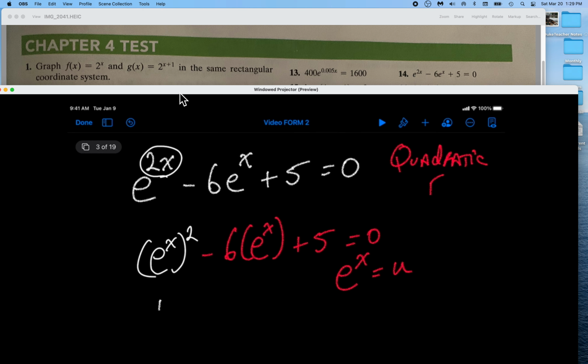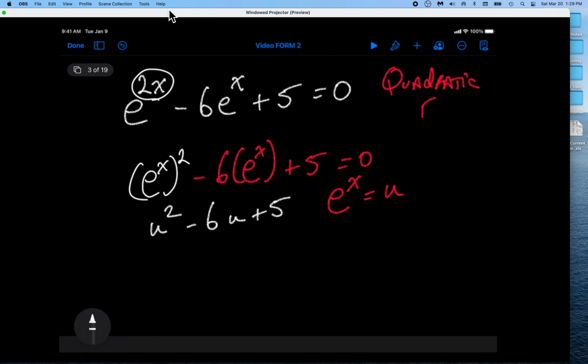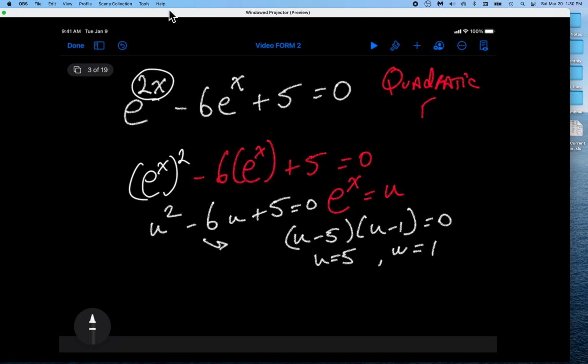So this becomes u squared minus 6u plus 5. We factor this, and we get u minus 5, u minus 1 equals 0. U equals 5 or u equals 1.